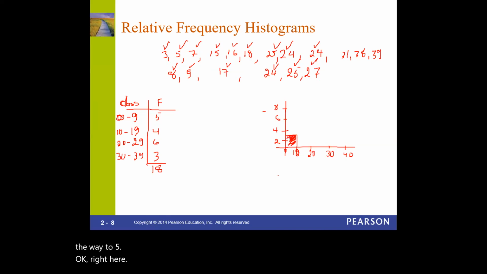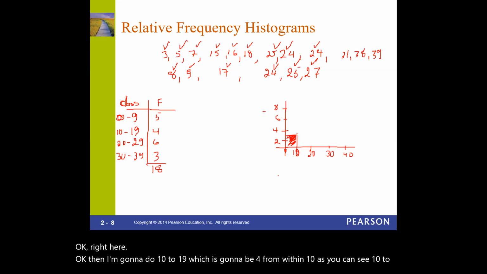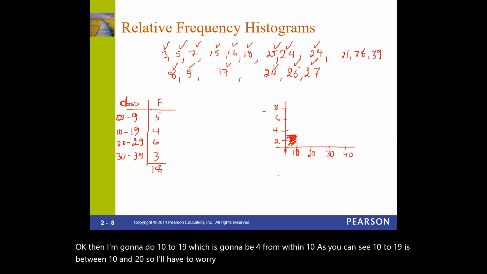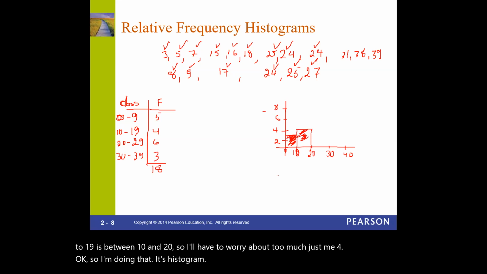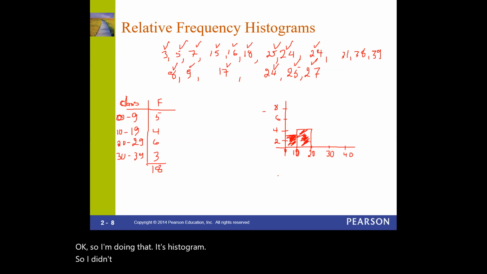Then I'm going to do 10 to 19, which is going to be 4. As you can see, 10 to 19 is between 10 and 20, so I'm not going to worry about it too much. That's going to be 4. What I'm doing now is a histogram, so I'll do it without any gaps. Oh, the first one is 5. What did I do?